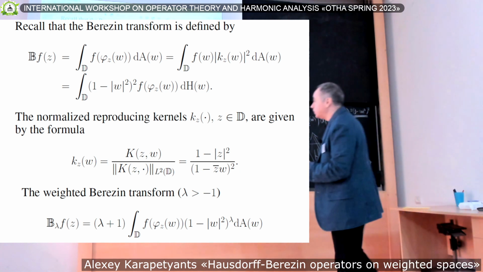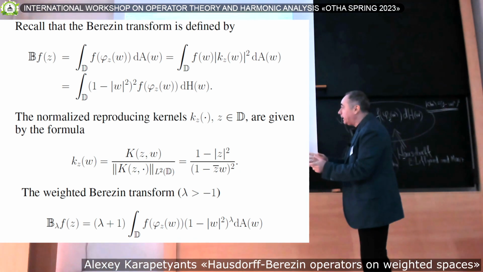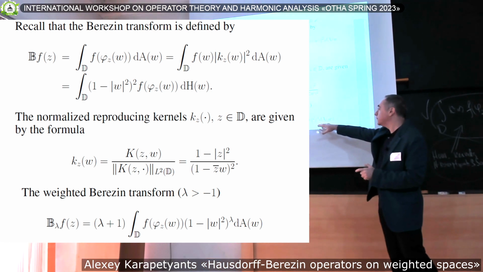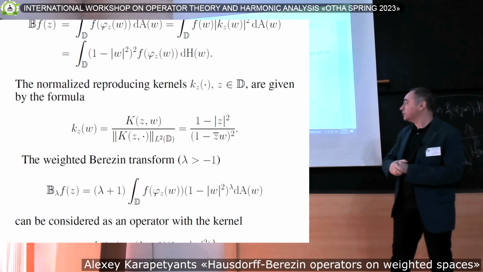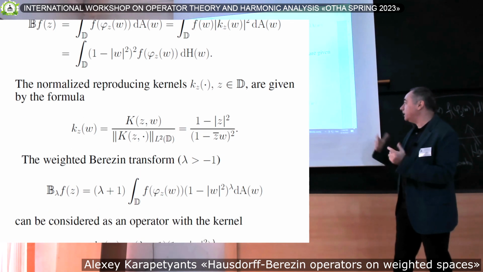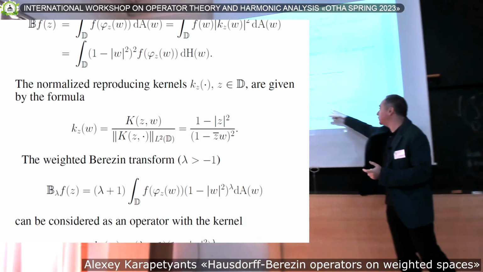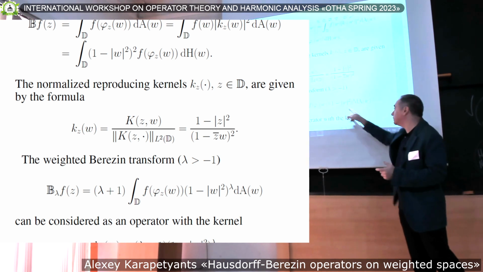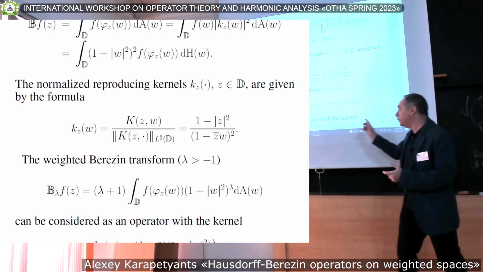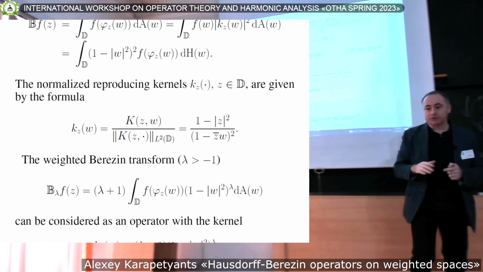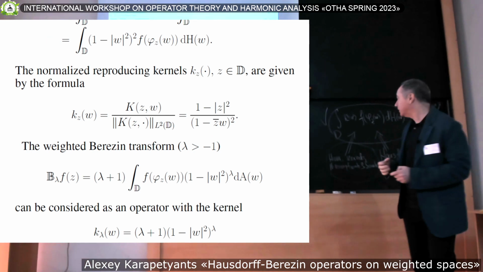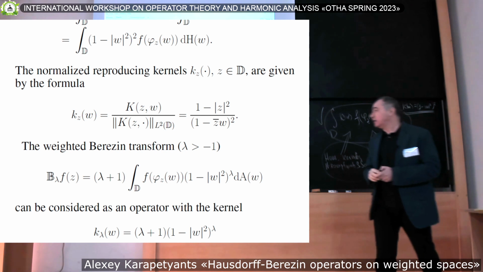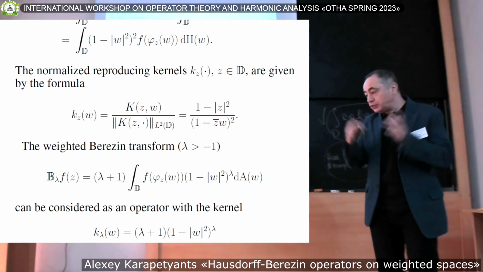Also, if we take a look at the weighted Berezin transform with this weight, then you can think about this function as a kernel, or otherwise you can think of it as a weight, and still you can put here another kernel. So this is another way to generalize it: not just this particular measure, but another more general measure.